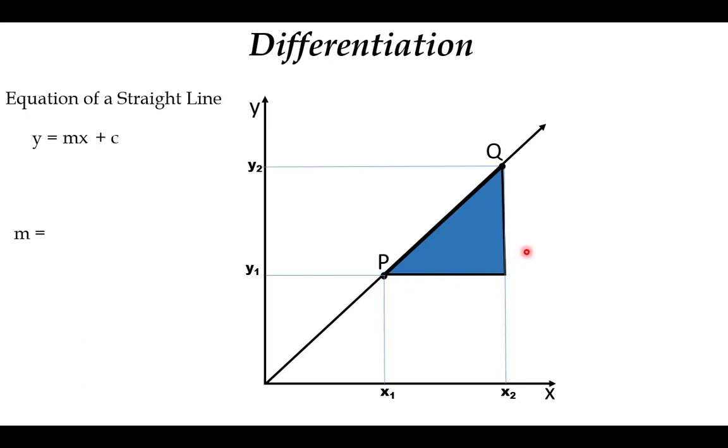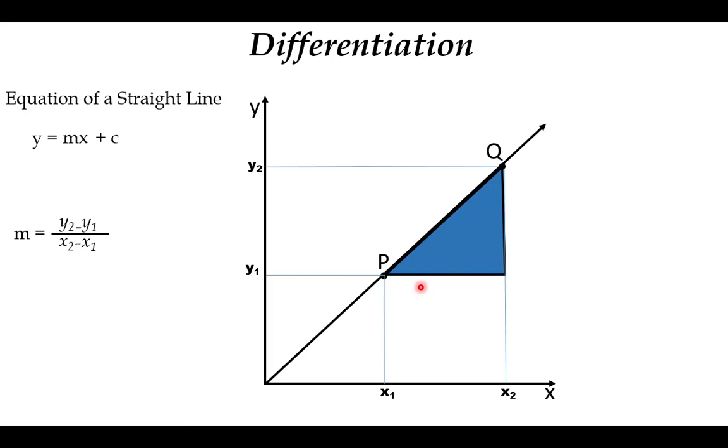So we're looking at the change on the y-axis over the change on the horizontal x-axis. So the change in the y-axis is y2 minus y1, and that is going to be over the change in our x-axis, x2 minus x1.